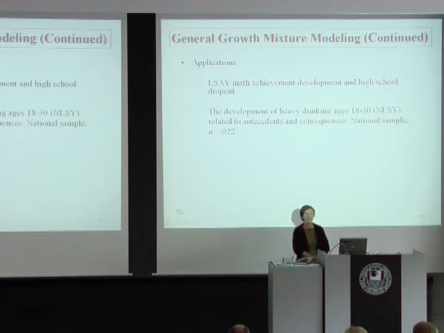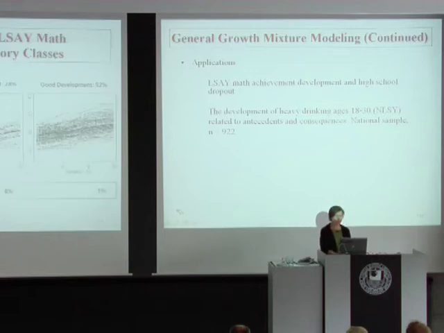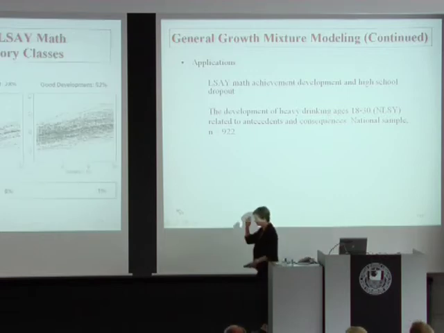So that's how it gets its extra G. And then we're going to also look at the NLSY data, again, the development of heavy drinking from ages 18 to 30, related to both antecedents and consequences. So we're going to start at the end on the left screen.